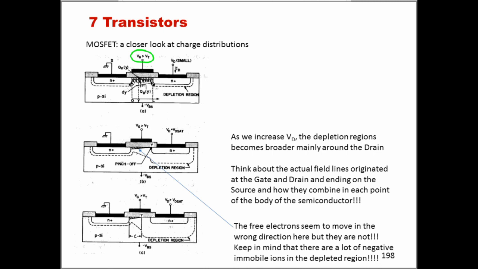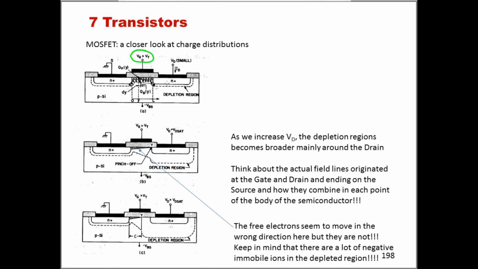At the same time, it is very useful to understand what the other charges are doing and what are their distributions.